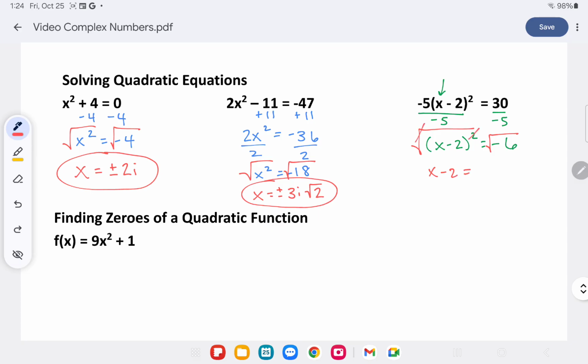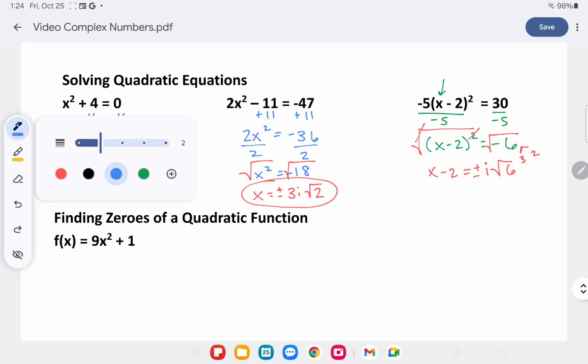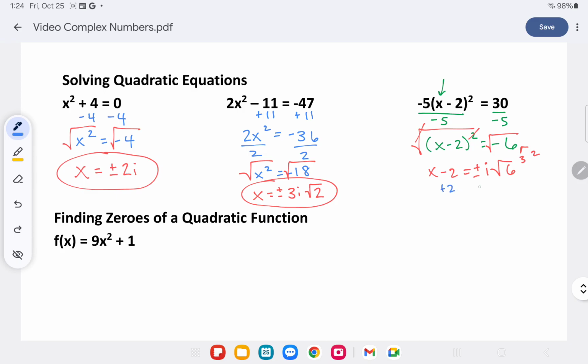When I take the square root of -6, it's going to be imaginary. The square root of 6 does not simplify. And so we'd have plus or minus i root 6, because the square root of 6 can't be simplified. And then we still have one more step in this case. We need to add this 2 over to isolate the x. And we always write the real component in front. So 2 plus or minus i root 6.